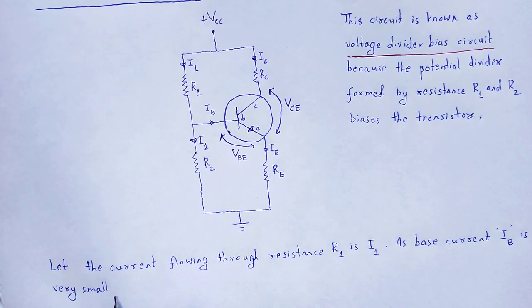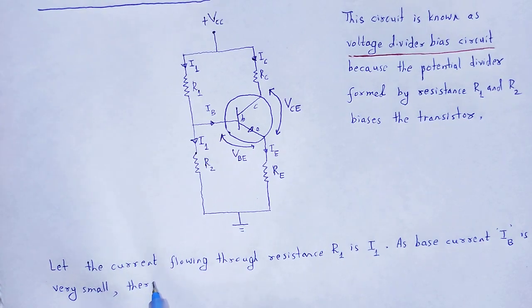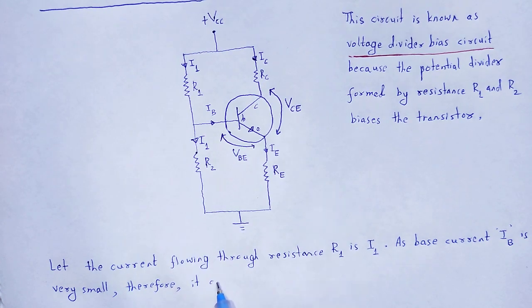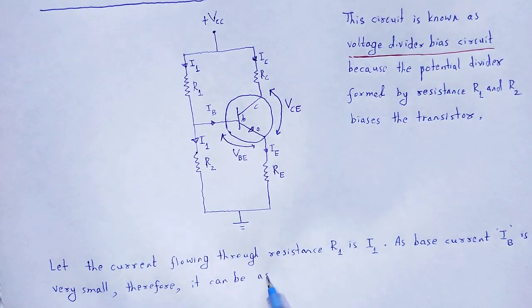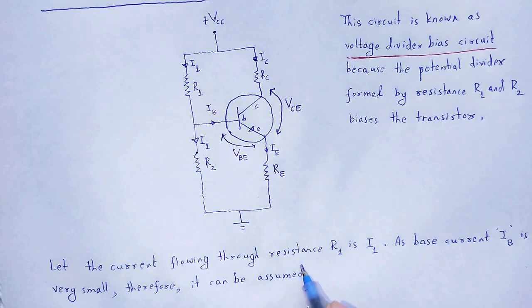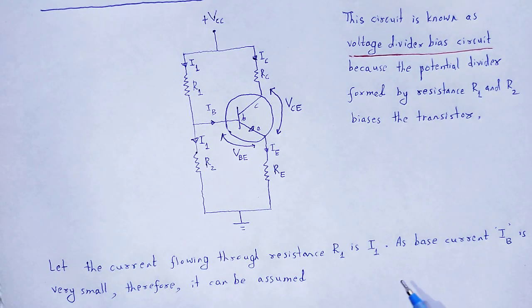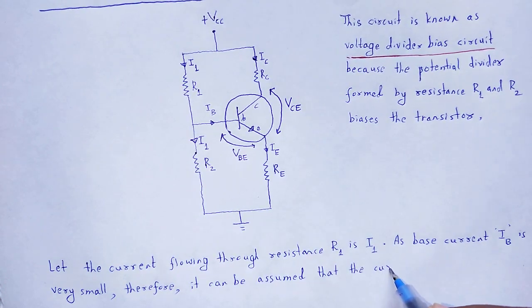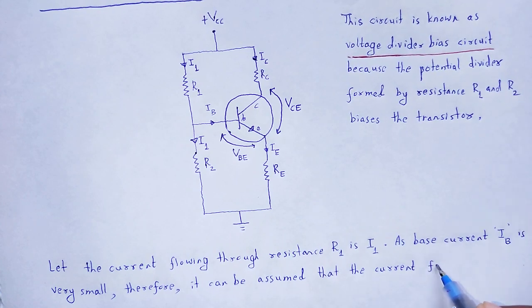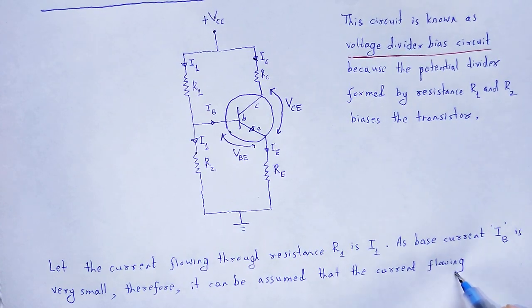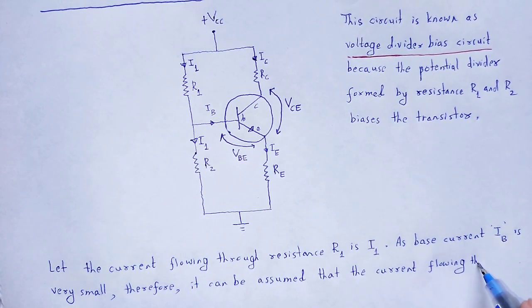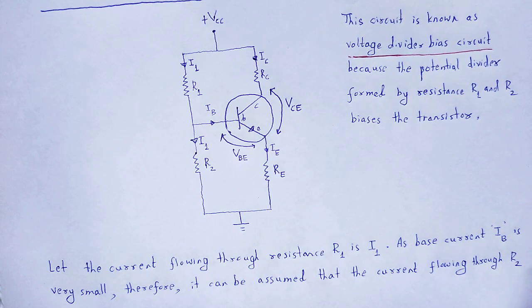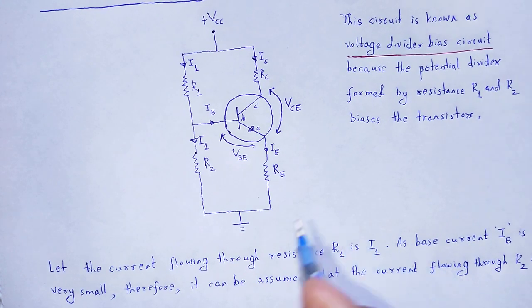So, what happened? Therefore, it can be assumed that the current flowing through R2 is also I1.